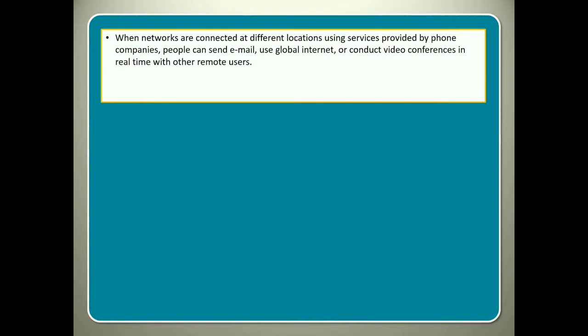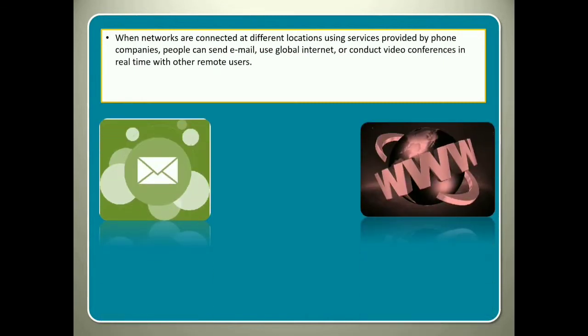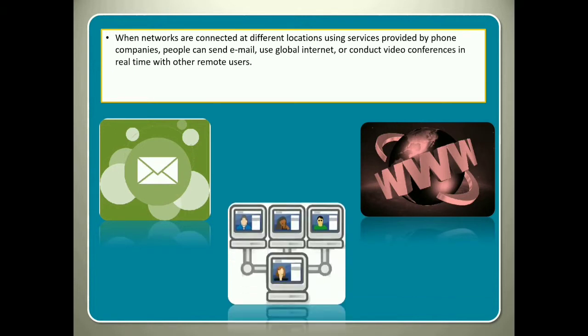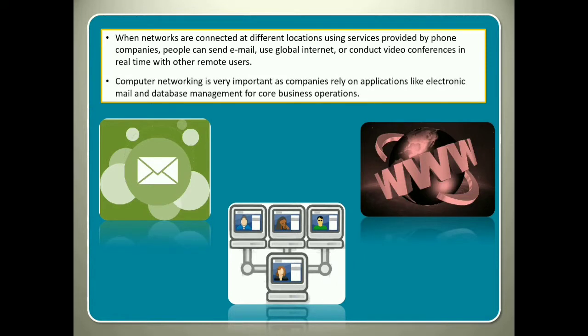When networks are connected at different locations using services provided by phone companies, people can send email, use global internet, or conduct video conferences in real time with other remote users. Computer networking is very important as companies rely on applications like electronic mail and database management for core business operations.